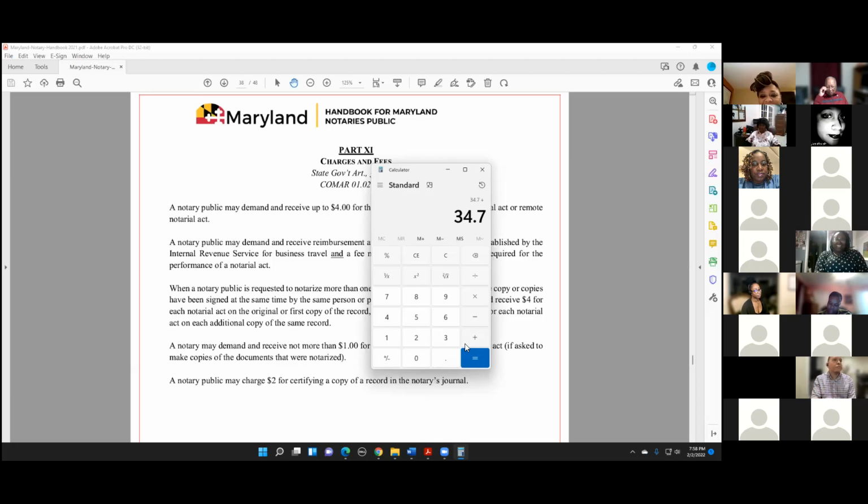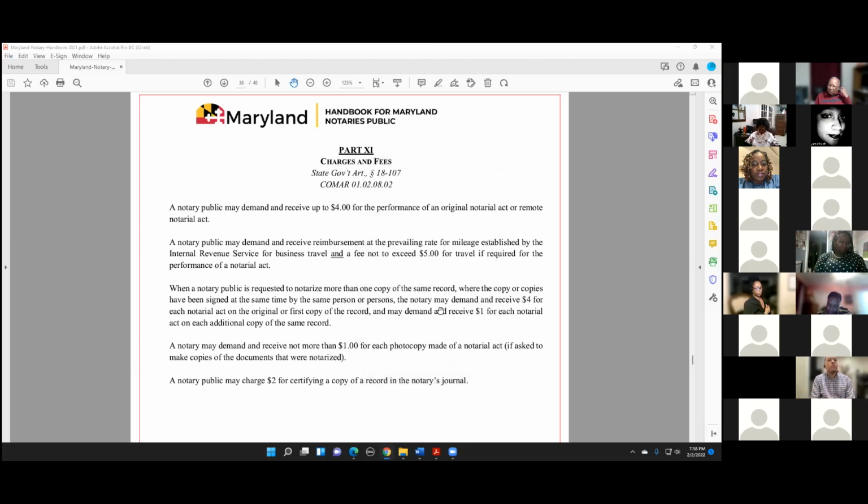Okay. But there was one question I had today when we were online with the Secretary of State's office. Y'all see my mouse here, right? It says, a notary may demand and receive not more than $1 for each photocopy made of a notarial act if asked to make copies of documents that were notarized.